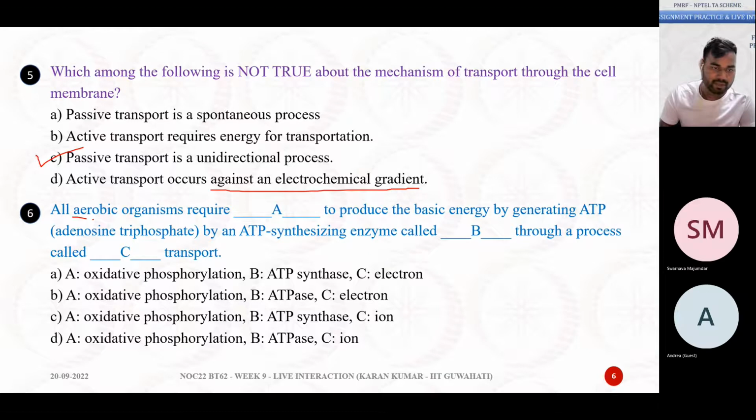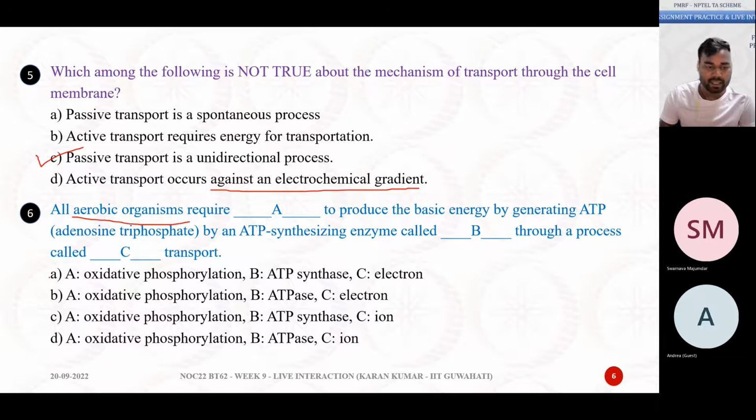Aerobic means they require oxygen for their respiration. All aerobic organisms require A to produce the basic energy for generating ATP, which is adenosine triphosphate, and ATP synthesis enzyme called B, though the process is called C transport.